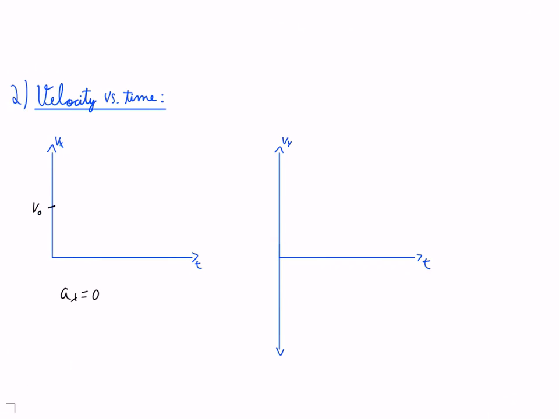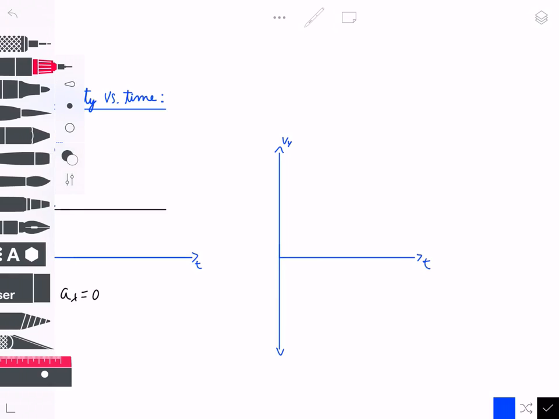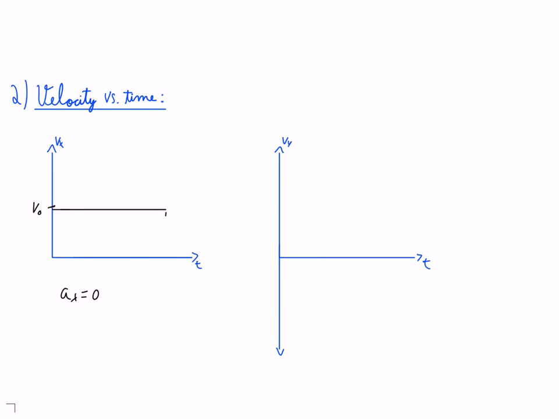If we trace the graph, we know that final velocity is equal to initial velocity, so we can just trace a line that is constant. So velocity in the x component does not change, and this is for time t final. This is the same point.